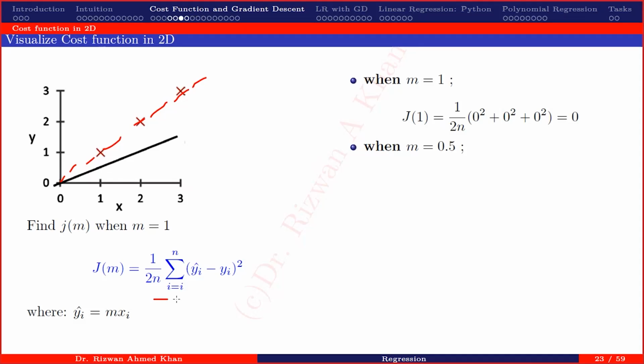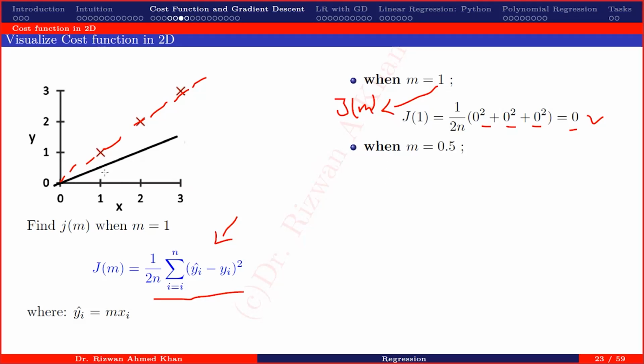Remember? So you can just put values over here. y hat and yi are all the same. So this gives all zeros when you put values in this equation, and we will get 0. So cost at m equal to 1 is 0. So we can write j of 1 equal to 0, because it was j of m, and now m is equal to 1.